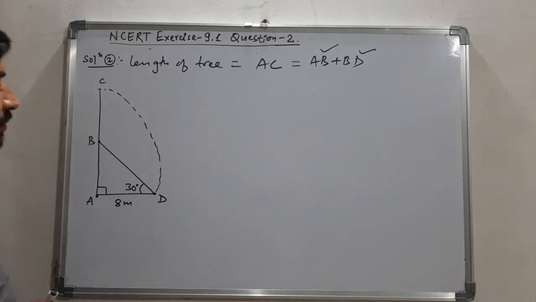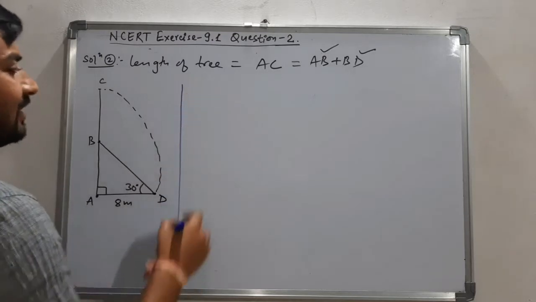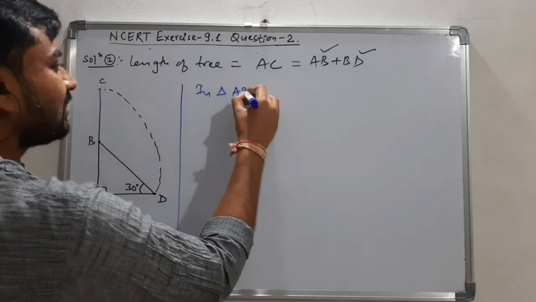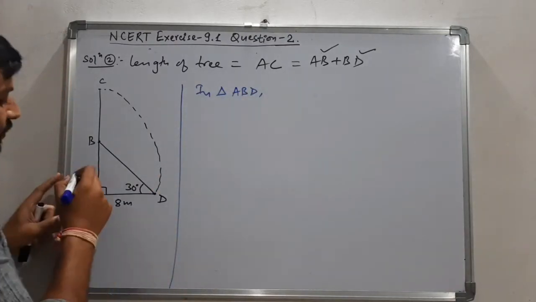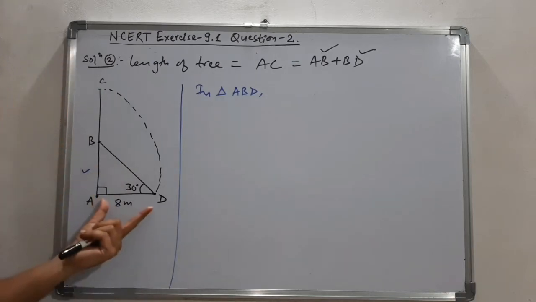As I told you in the previous question, for solving this question we have to consider one known value and one unknown value. So here we have a simple right angle triangle. We write in triangle ABD, which is right angled at A. To find the length of AB, we have to consider AB and AD.